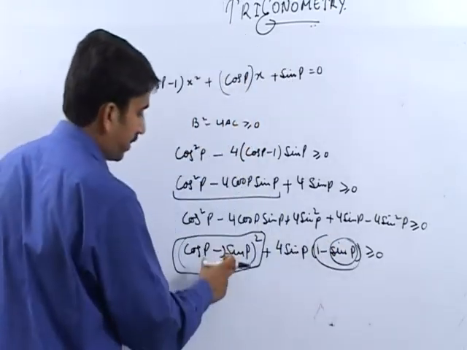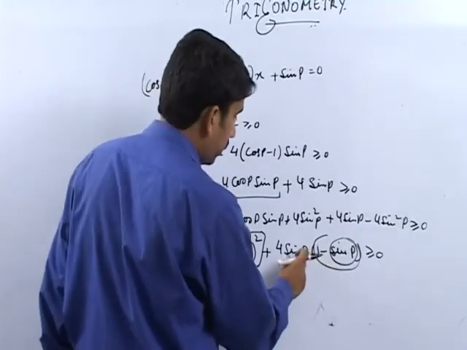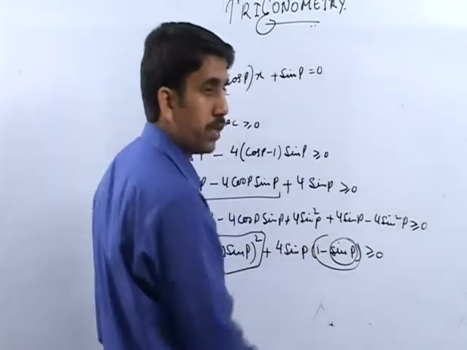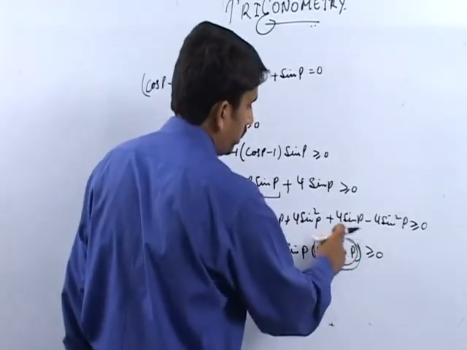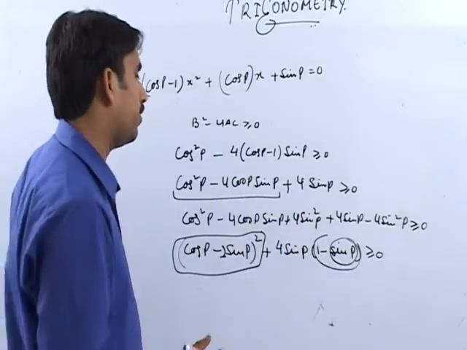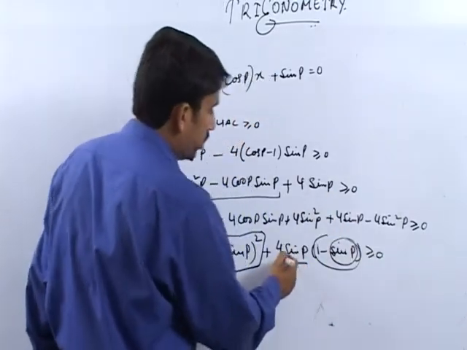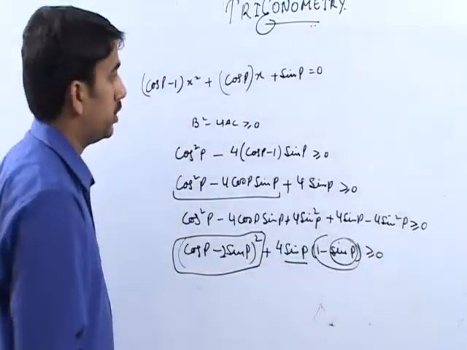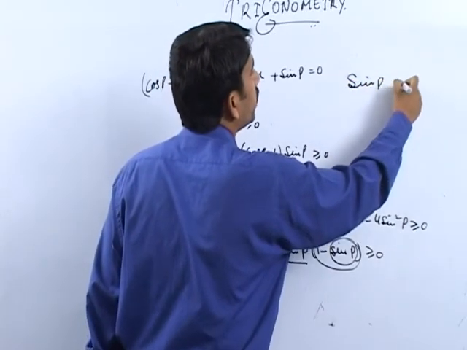Just because of this sin p, this can make this factor either negative or positive. That means to make the whole term always greater than or equal to 0, sin p should be greater than or equal to 0.